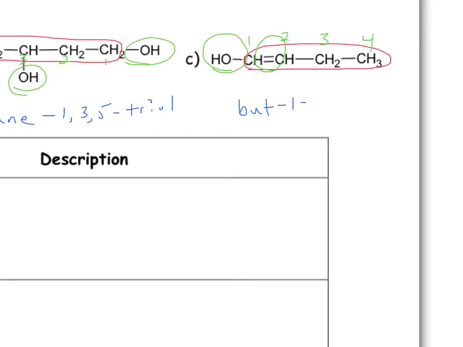My double bond is between carbon number 1 and carbon number 2. Now to indicate the hydroxyl, it is also on carbon number 1, and then following rule number 5, because my suffix ends in a vowel, I need to drop the E on the parent. The final answer is but-1-ene-1-ol.